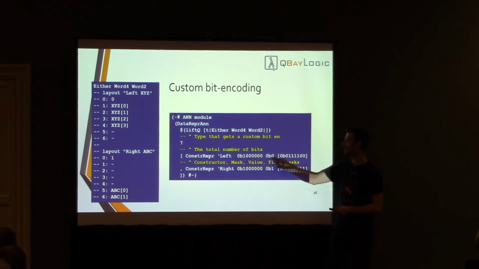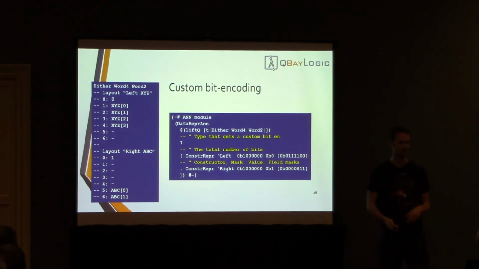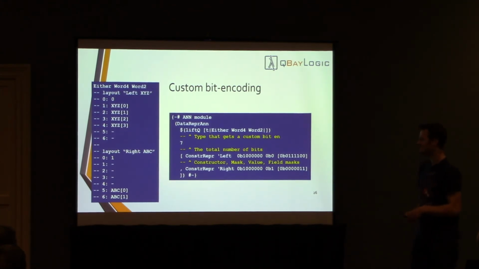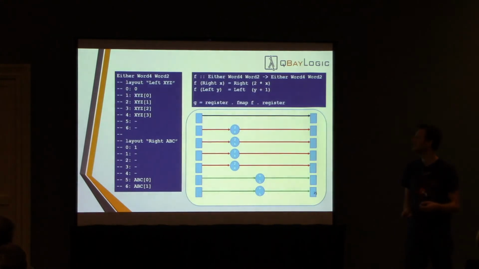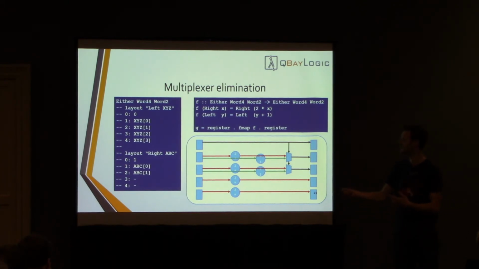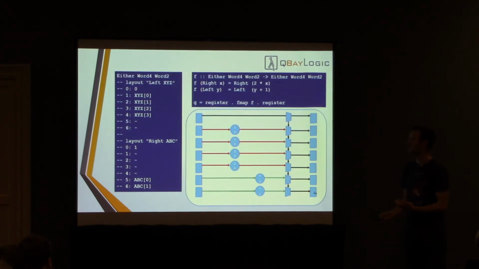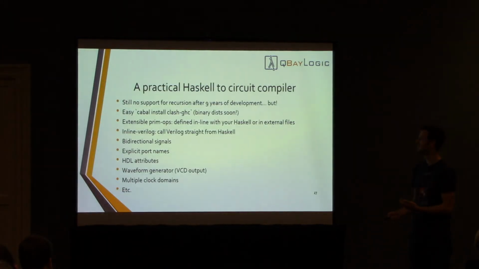And then here's the value. And then you tell for the field which bits it should use. So these are bit masks, basically. This is the default behavior that you have in Clash: the data type representation, but you can override it with your custom bit encoding.